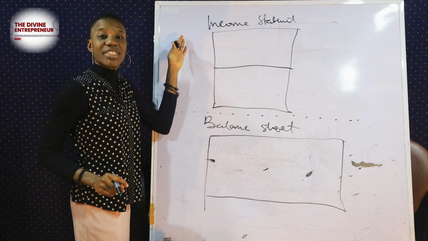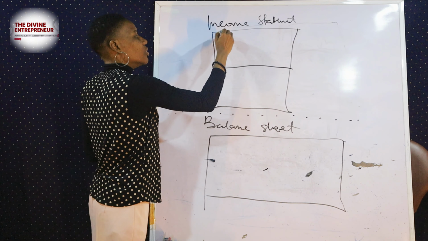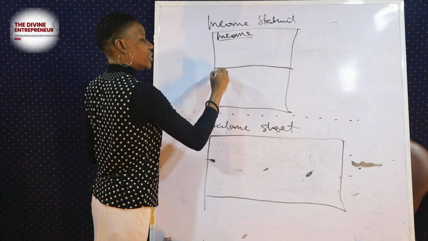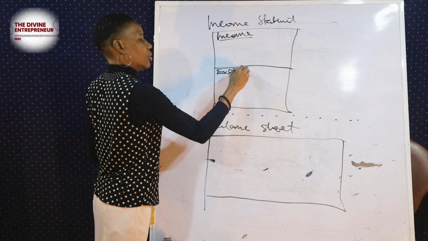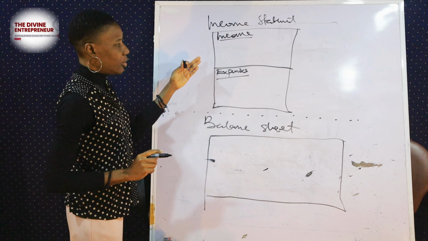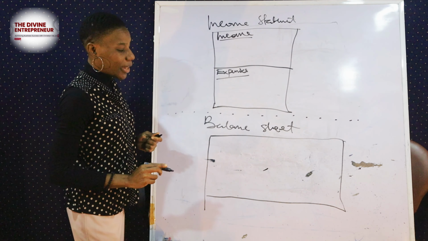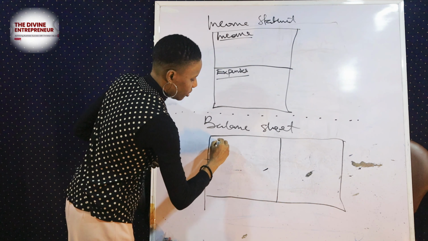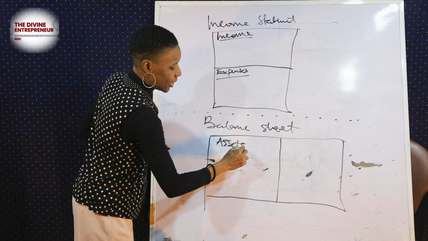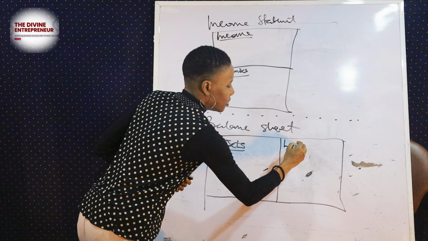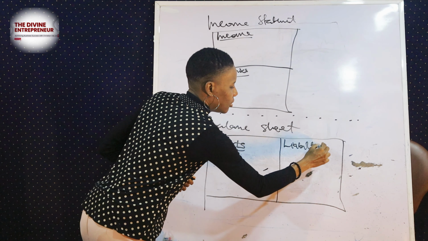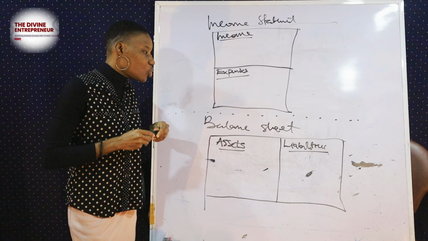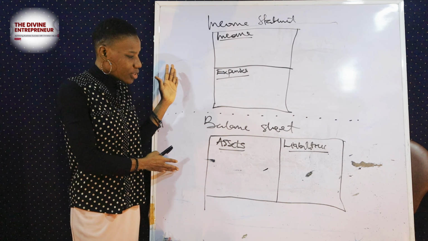So under my income statement, I have my income right here, and then my expenses. Okay, and then of course under my balance sheet, I have my assets on this side, and then what? Liabilities.